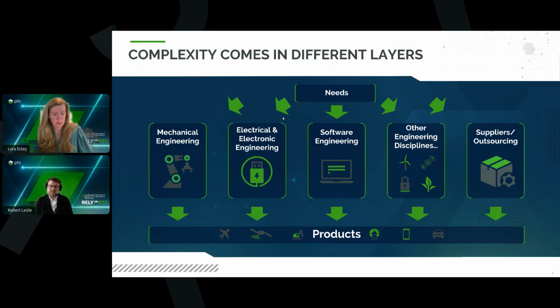What we see with Excel and Word document-based requirements management is each of these teams are going to have their own sets of documents. Each of these groups are going to develop their own tribal knowledge over what they're trying to build and how they measure what they're doing.